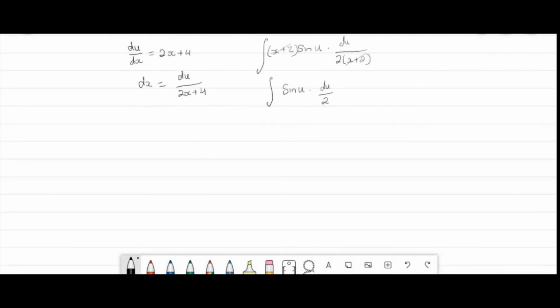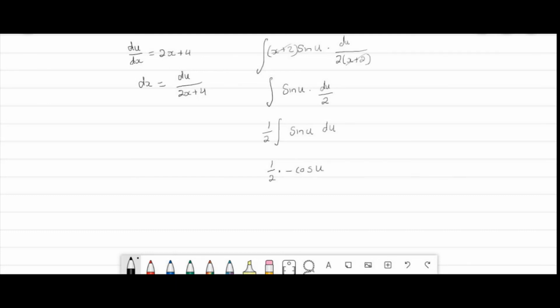So therefore, if I'm having something like this, then I can integrate. But before I integrate, how about I take 1 over 2 outside my integral sign? Then I'll be left with sine u du. So therefore, what is the integral of sine? The integral of sine is a negative cos u.